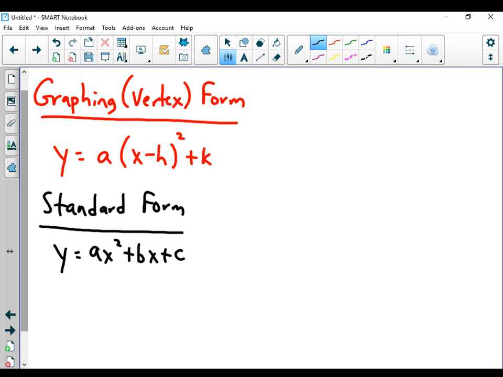So notice standard form doesn't have any parentheses. No parentheses in standard form. Y is still by itself, just like in graphing form or vertex form.